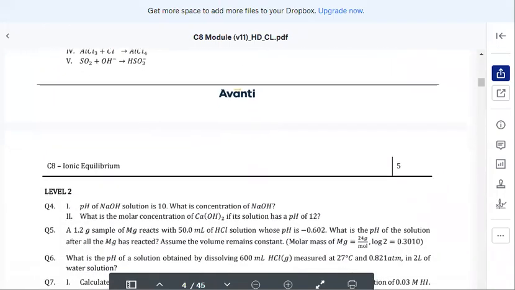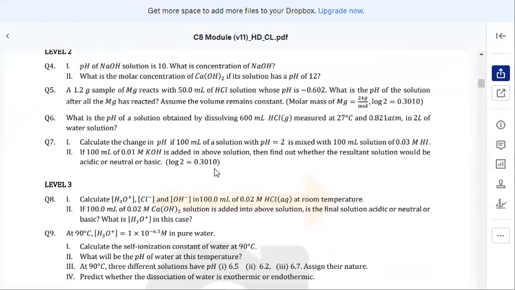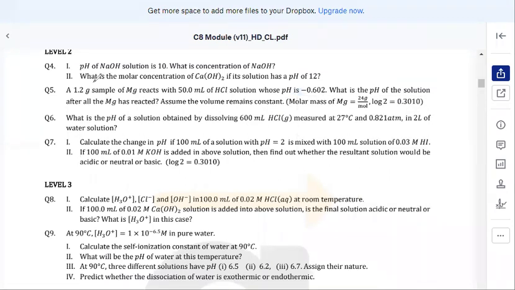It was easy. Now let's see question number 4. I hope you have tried. Now, pH of NaOH. First of all, is NaOH a strong electrolyte or a weak electrolyte?